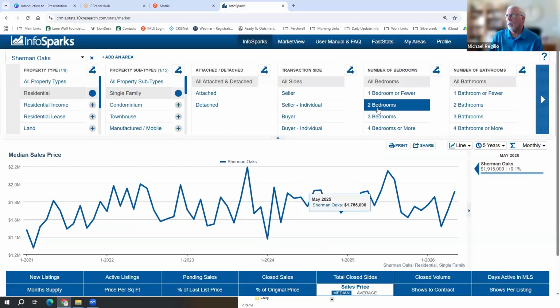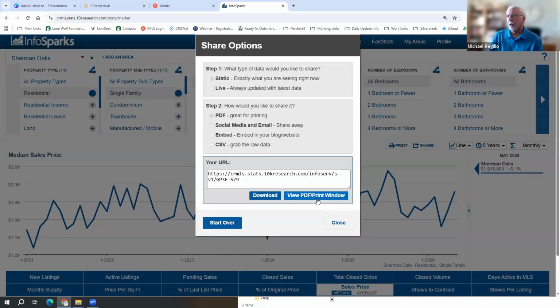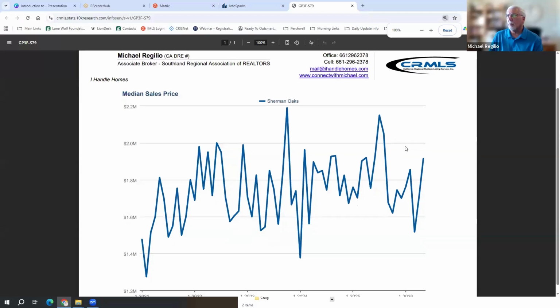You can get to that by clicking on the print, but I've gotten in the habit of always just going to share, because share gives me the ability to create the PDF. And if I view it, it gives me that report.